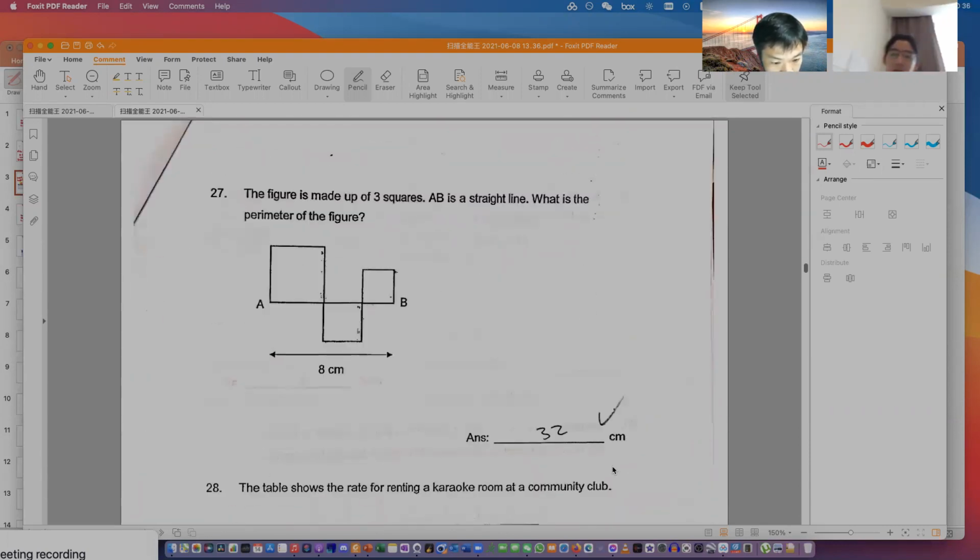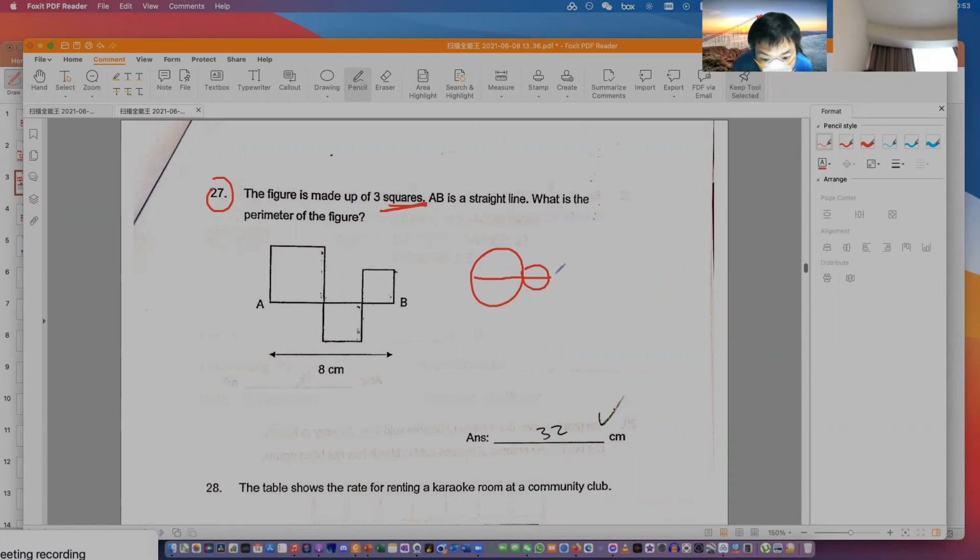So you see question 27. In this question they talk about squares. It can be a circle. You know how to solve this one also, right?